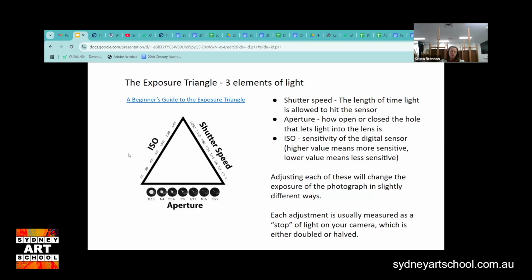But these days, our smartphone cameras don't have those physical moving parts. So even though we use the same language as part of the technology, it's simulating the effects of those things. But we do still have digital sensors, and we do still have megapixels, which tells us how many pixels per inch you're going to have on your final image.